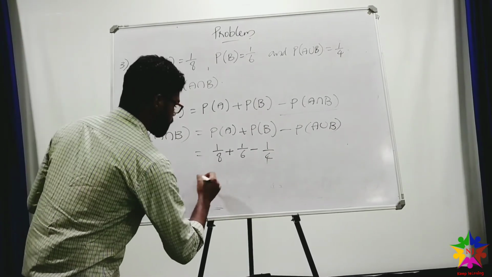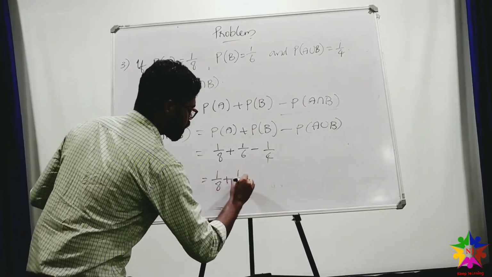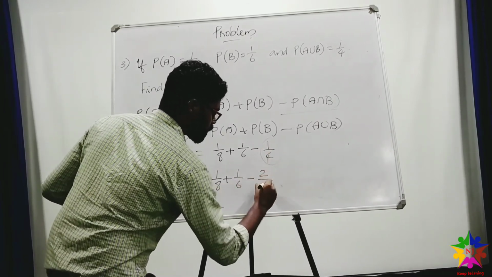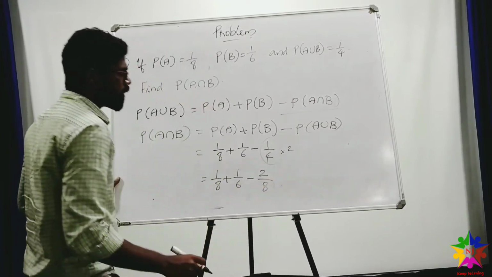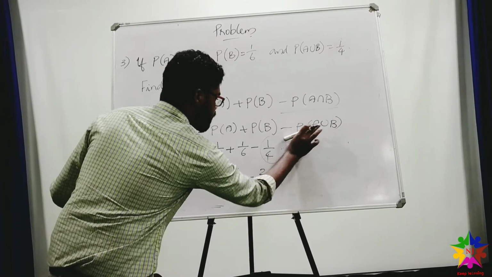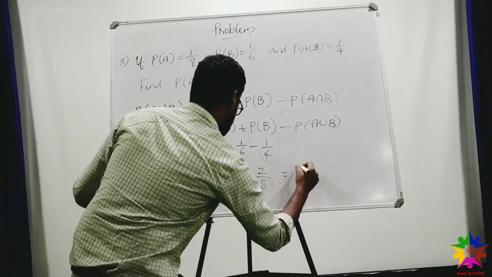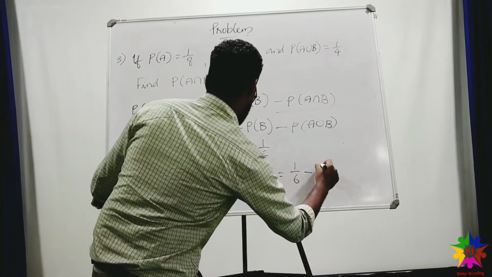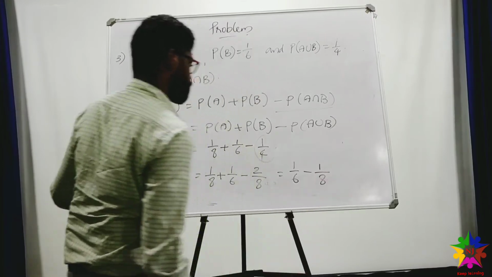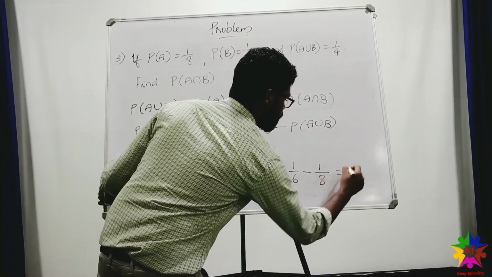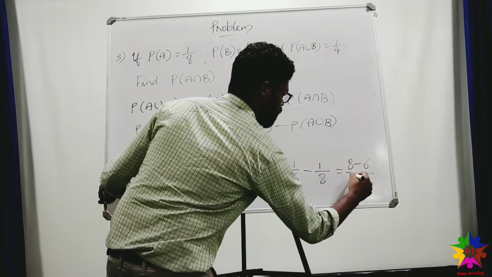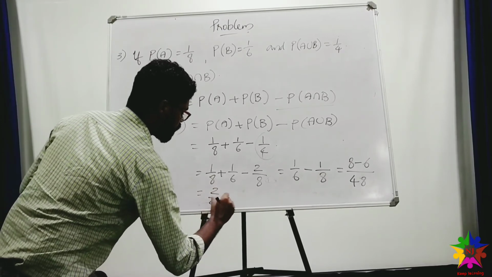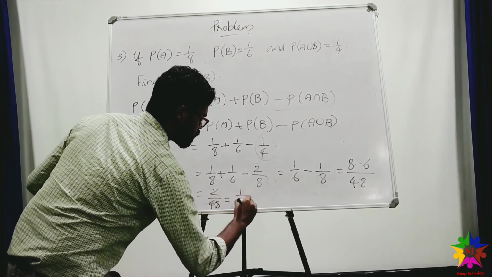By simplifying, we will get 1 by 8 plus 1 by 6 minus 1 by 4, and the final result will be 8 minus 6 by 48, that is 2 by 48, equal to 1 by 24.